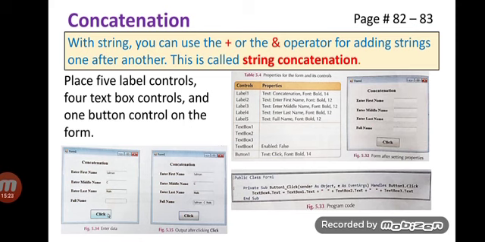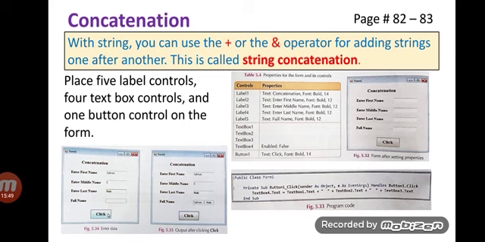The ampersand symbol is the recommended concatenation operator. It is used to bind a number of string variables together, creating one string from two or more individual strings. Any non-string variable or expression is converted to a string prior to concatenation.